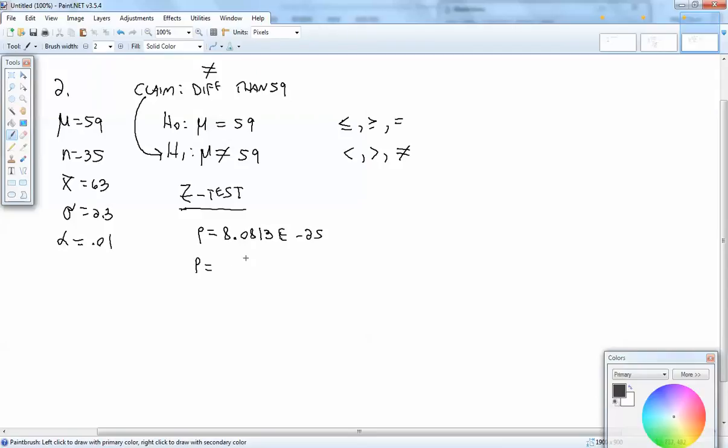Which means I move my decimal place 25 places left. 1, 2, 3, 4, 5, 6, 7, 8, 9, 10, 11, 12, 13, 14, 15, 16, 17, 18, 19, 20, 21, 22, 23, 24, 8. And I could take it out to more decimal places, but I think it's pretty obvious what it is. And now the question is, did I screw up?